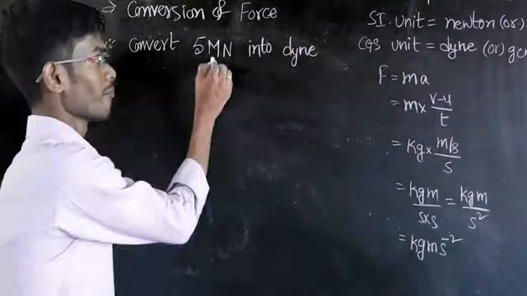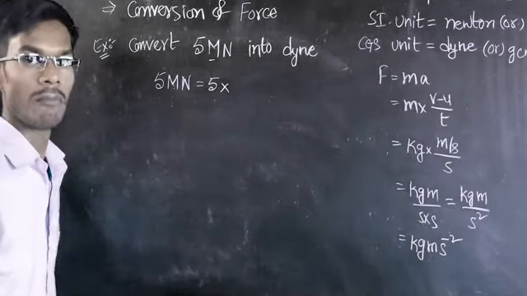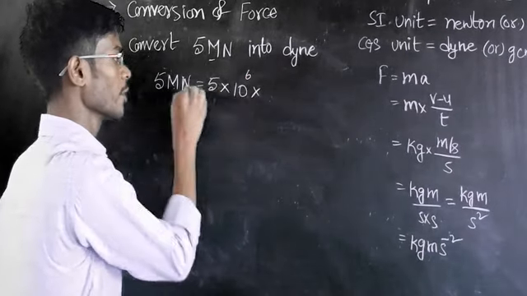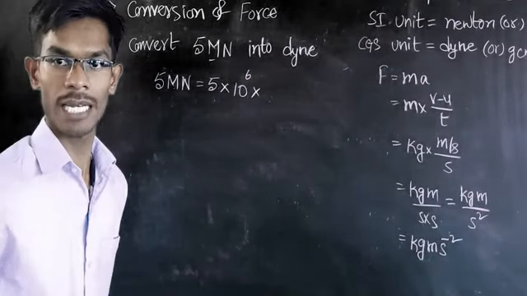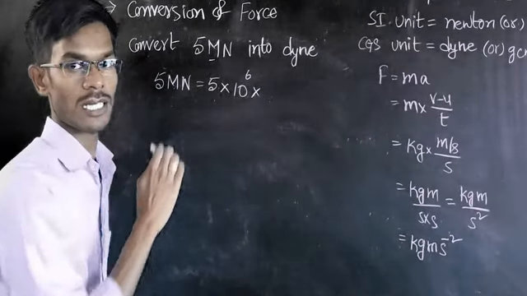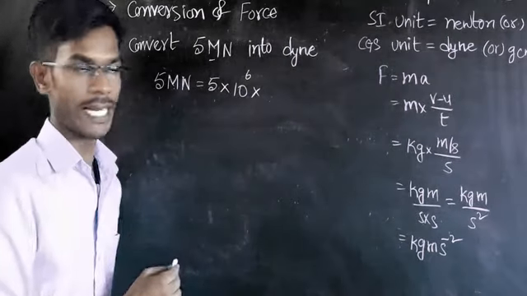So 5 mega newton is equal to 5 into, what is the value of mega? Multiple for mega is equal to 10 to the power of 6. And 1 newton is equal to how many dynes? Directly by considering the conversion factor, we can convert into CGS system of units. 1 newton is equal to 10 to the power of 5 dynes.